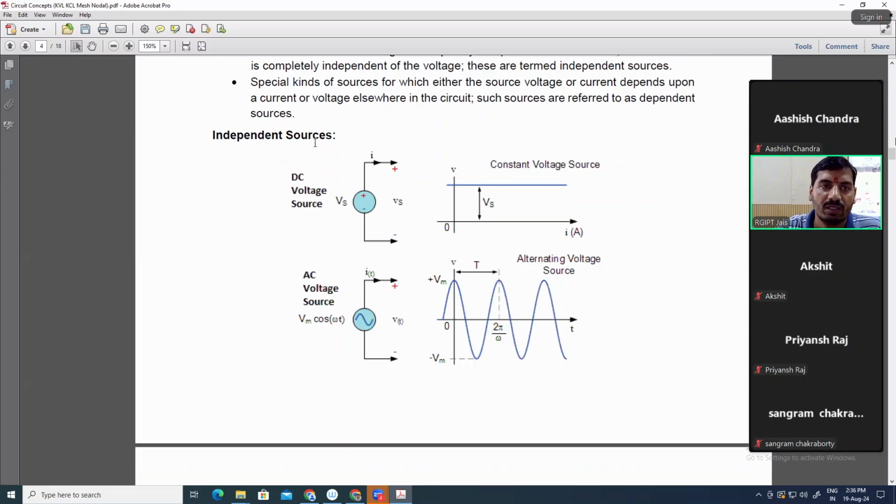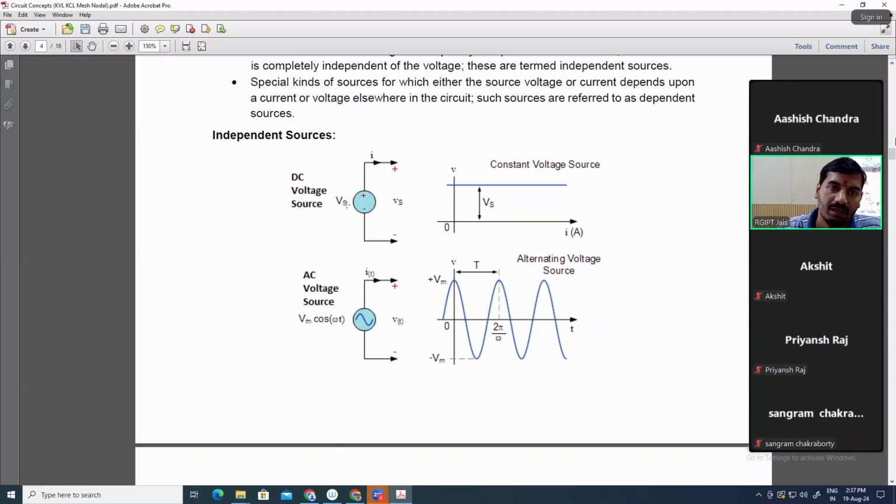So as an example of an independent source, you can see here a DC voltage source and an AC voltage source. In the DC voltage source, you can see that the voltage value throughout the time is constant, Vs. So it is not depending on any other parameter, and the symbol of the independent source is generally represented by a circle.